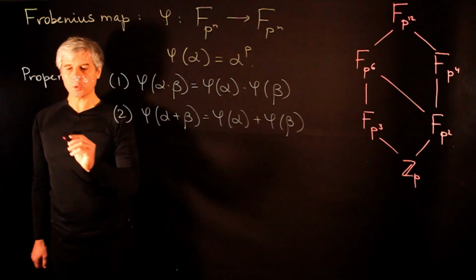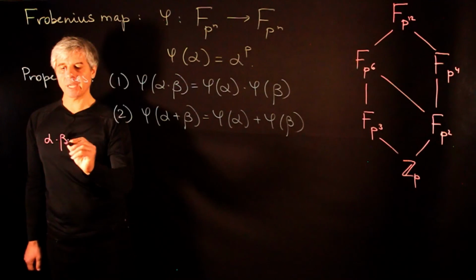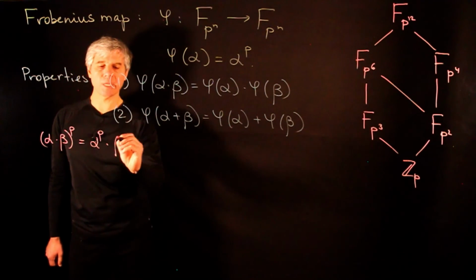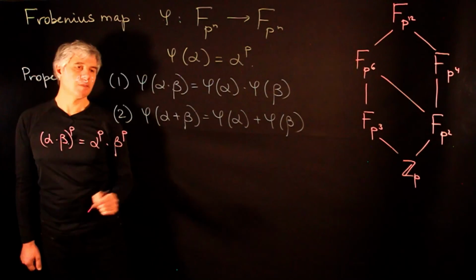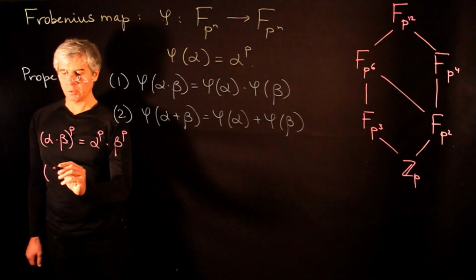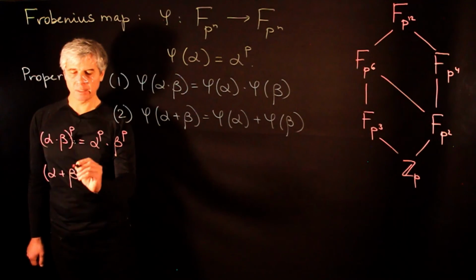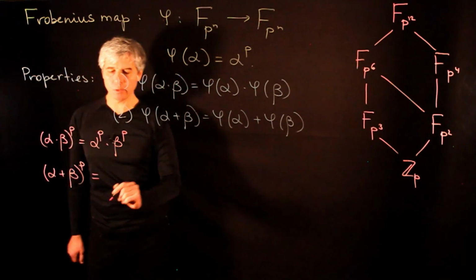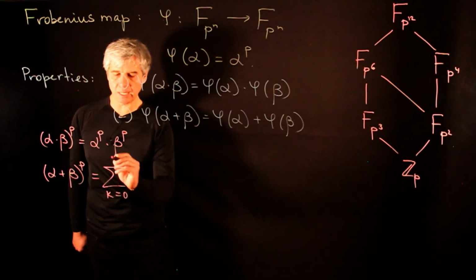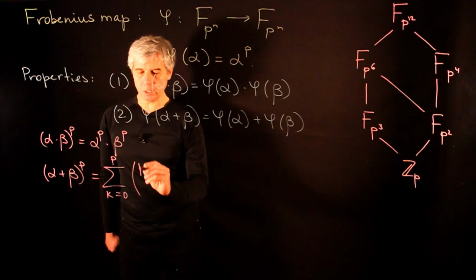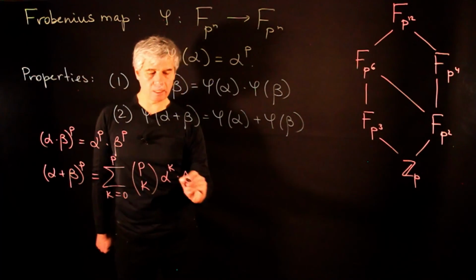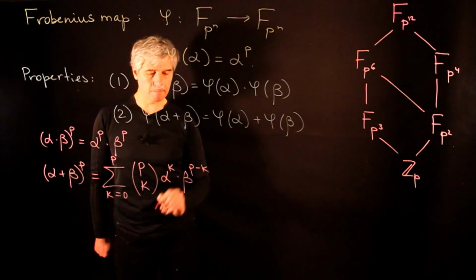The first property is obvious because alpha times beta to the power of p is equal to alpha to the power of p times beta to the power of p. The second property uses the fact that we are in characteristic p. So if we write alpha plus beta to the power of p, then by binomial theorem, this is the sum, k goes from 0 to p, p choose k, alpha to the power of k times beta to the p minus k.